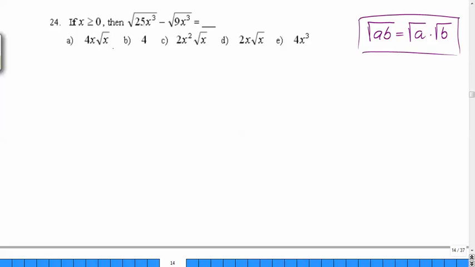Because I'm going back to my expression, and I have the square root of 25x cubed, which I can write as the square root of 25 times the square root of x cubed. I can also write it as the square root of x squared times the square root of x.